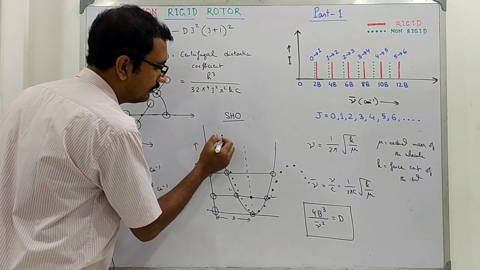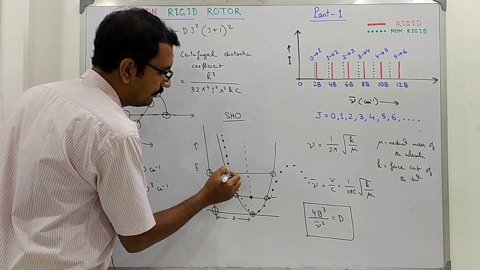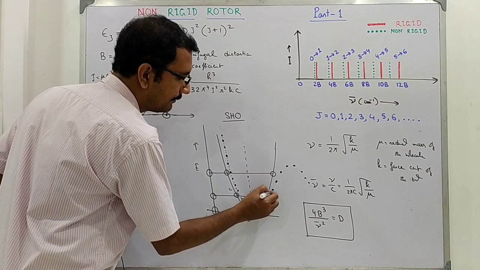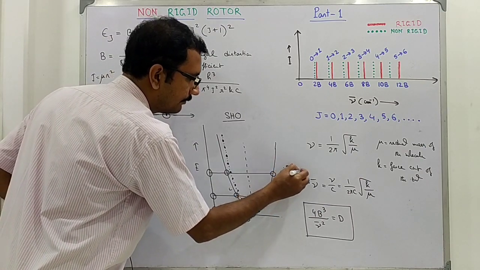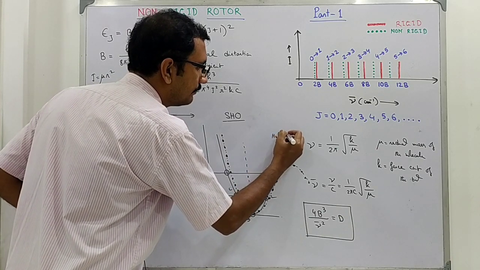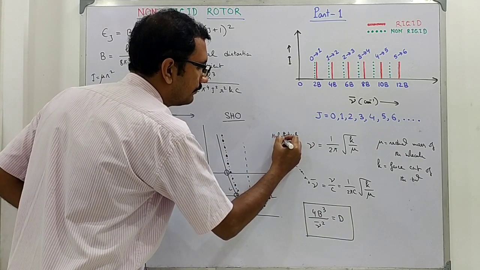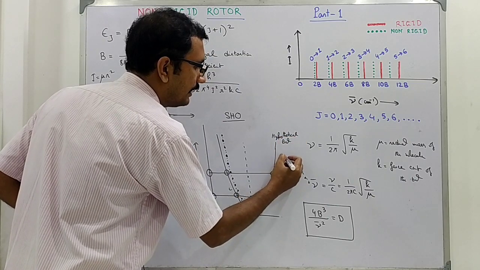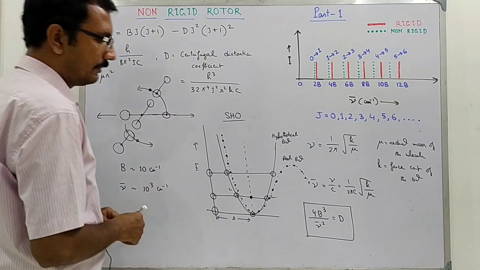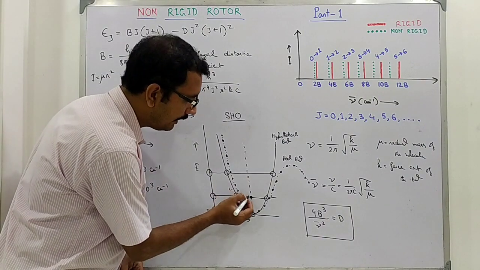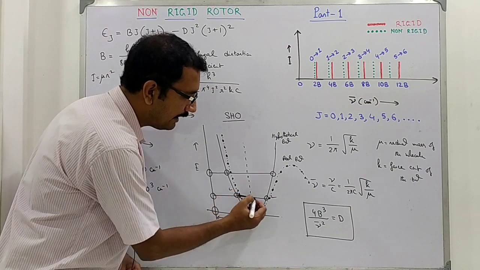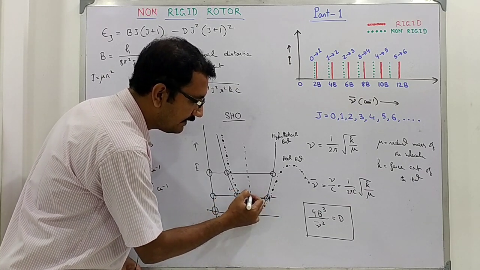If I connect it through small dots, it will show you the potential clearly. So, this is the hypothetical bond, and this is the real bond. Here you see the extent of compression is less than the extent of stretching.